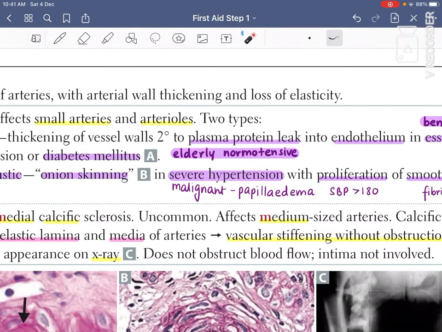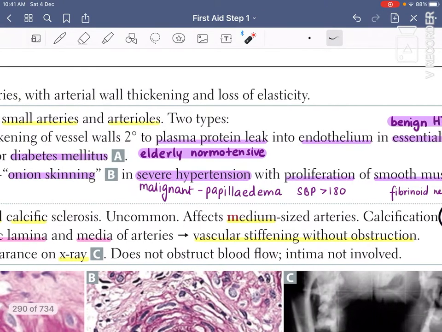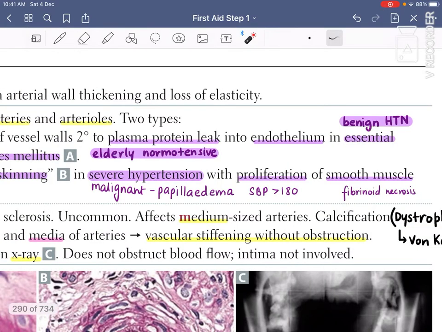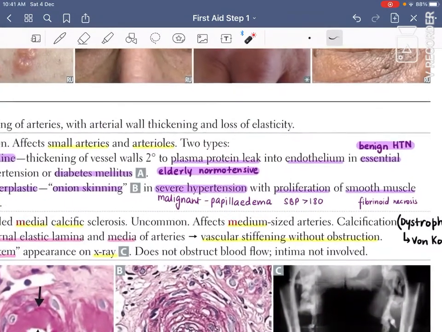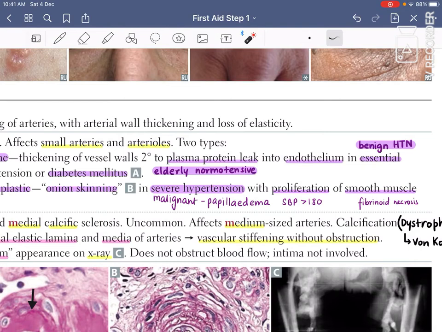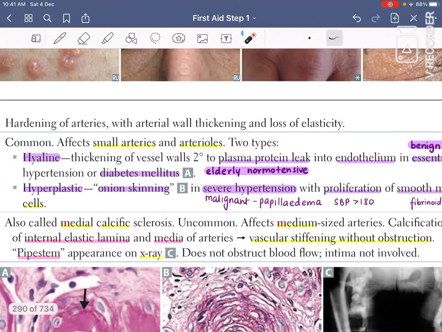It usually happens age-wise. There are three conditions that make it happen: benign hypertension, also called essential hypertension, diabetes mellitus, and elderly normotensive patients. And this was basically the question that had come.